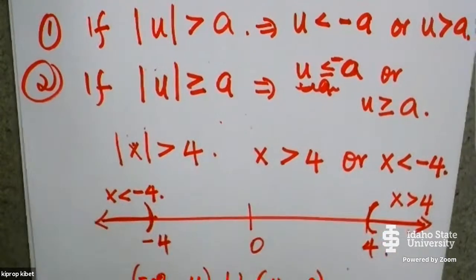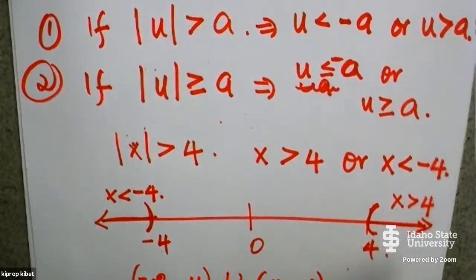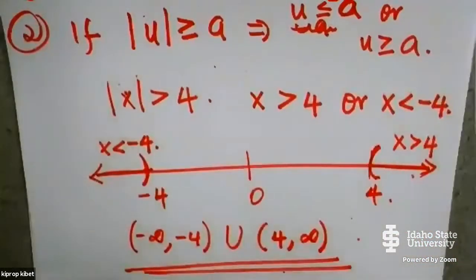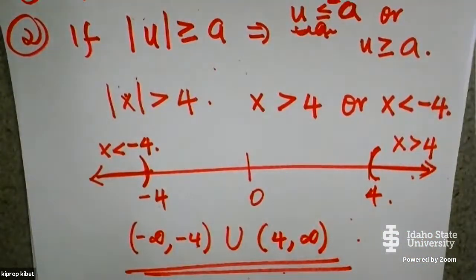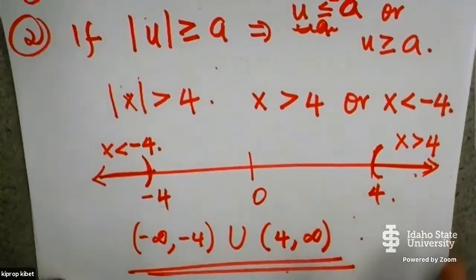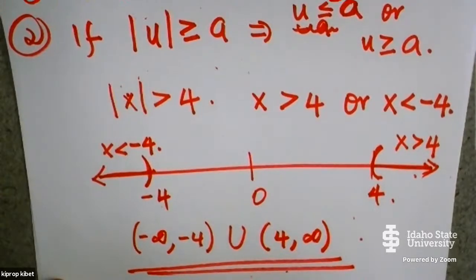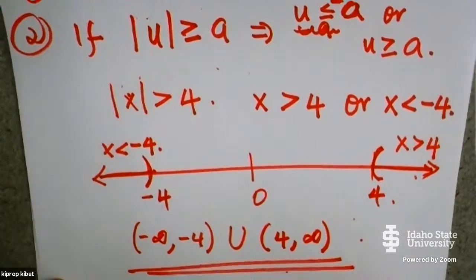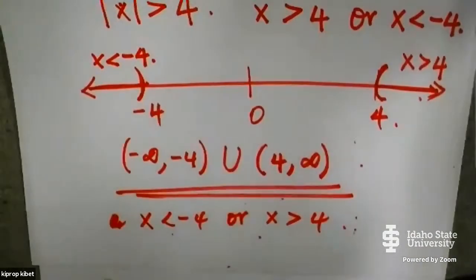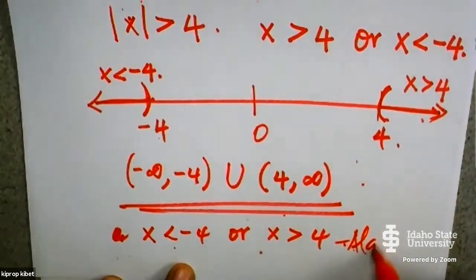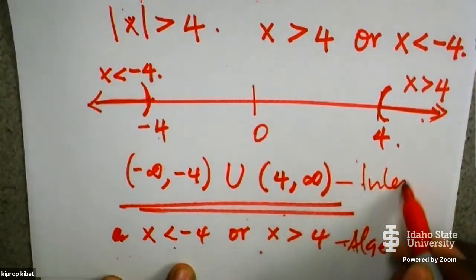So that is how we represent it in interval notation. Now our algebraic notation will be x is less than minus 4, or x is greater than 4. So this is algebraic, and this one is interval.